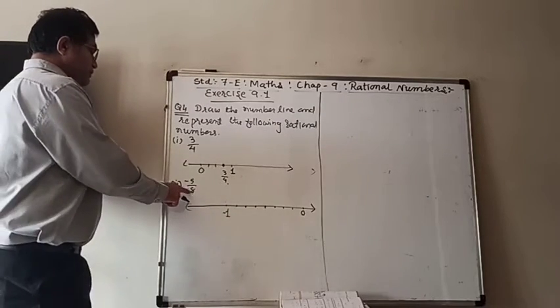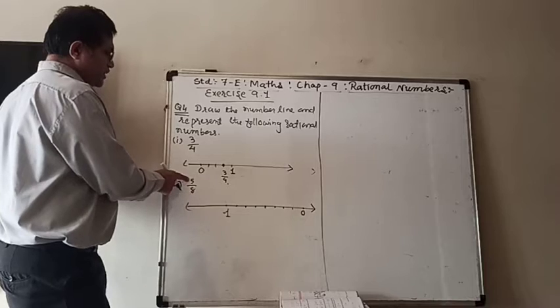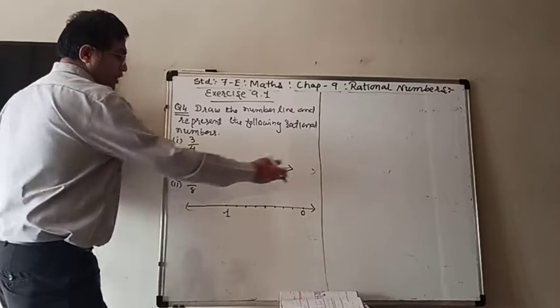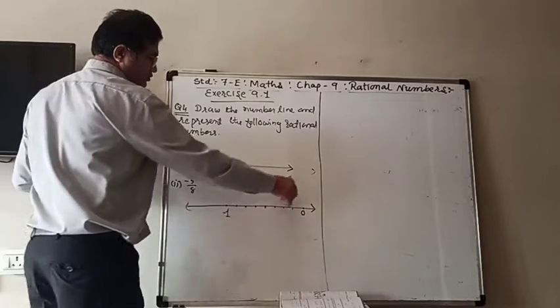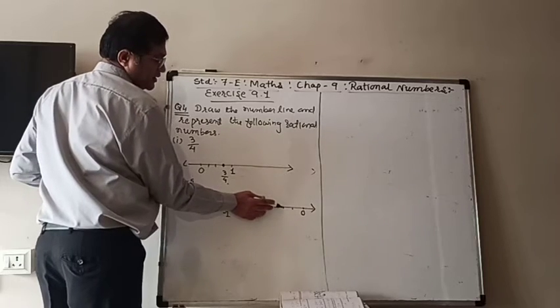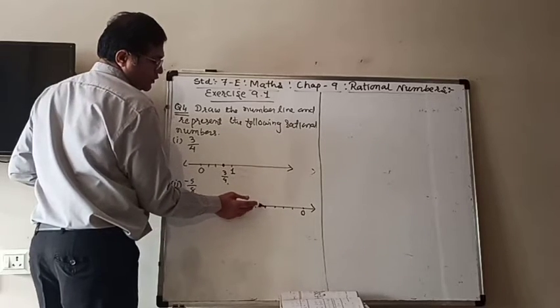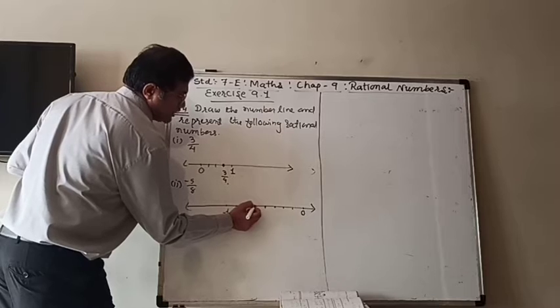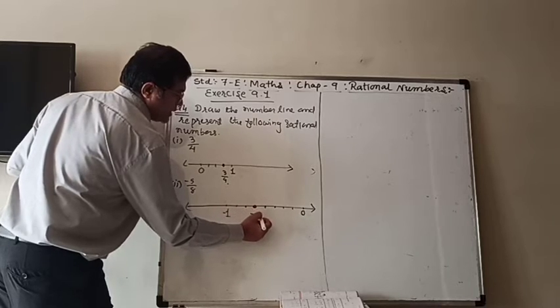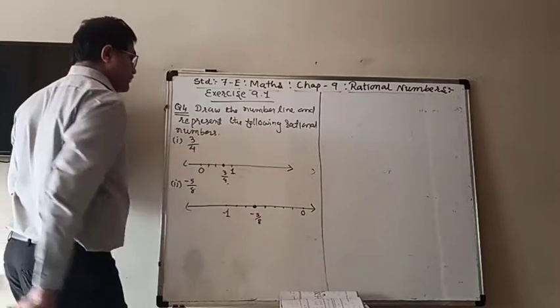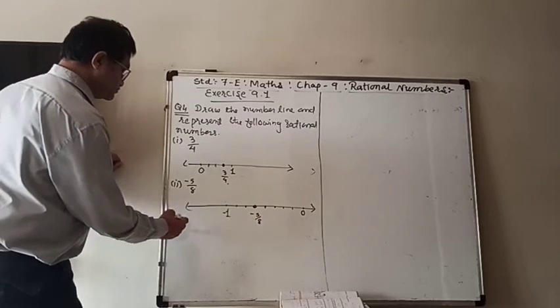So now from the 8th part we have to take 5 parts, but count from 0, not from this side. So that is the first one, second one, third, fourth and the 5th one. So that 5th one is your minus 5 upon 8.